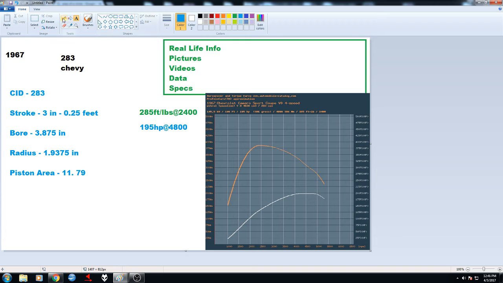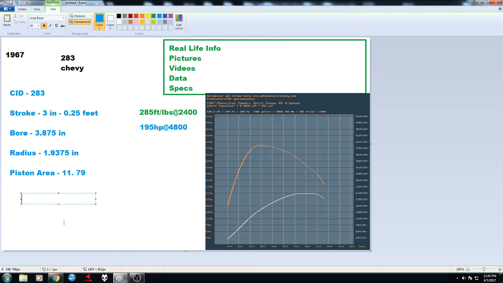Our formula for brake horsepower is going to look like BMEP times stroke in feet, which is 0.25, times piston area of 11.79, times half the RPM at what we're making the power.